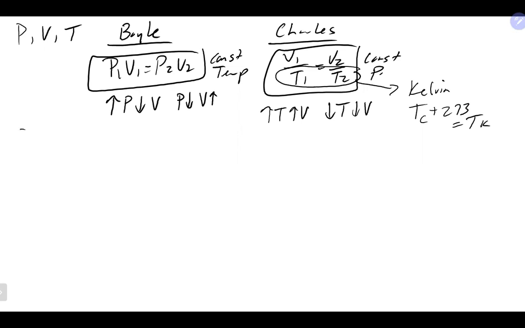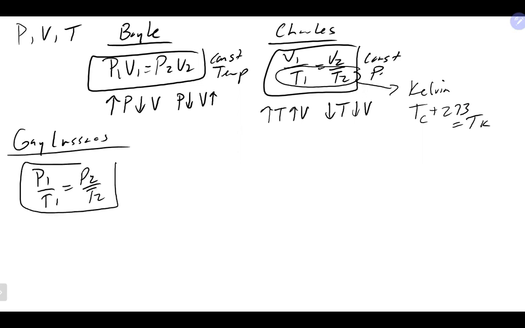A similar gas law is Gay-Lussac's law, and that's P1 T1 is equal to P2 T2. This would be at constant volume. Different in this case is the volume will not change.